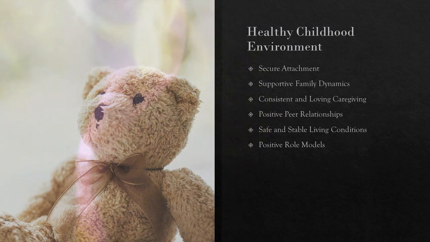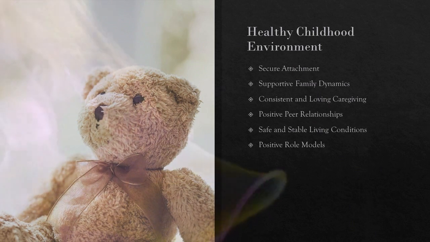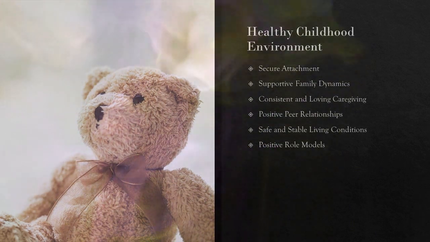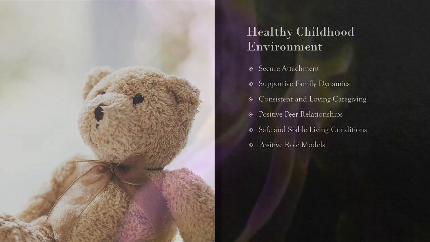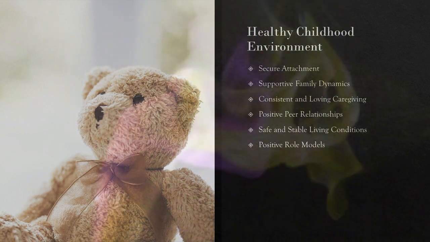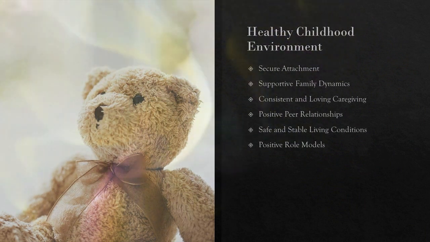We've talked about this already a little bit, and this is based upon attachment theory, which was pioneered by John Bowlby, that emphasizes the importance of a secure emotional bond between caregivers and children. So a nurturing environment fosters a secure attachment, providing a foundation for the child to explore the world and develop healthy relationships.